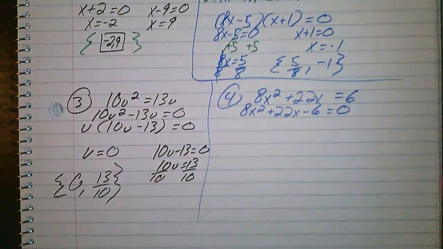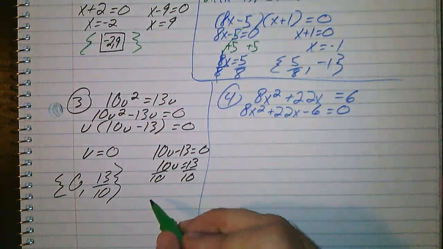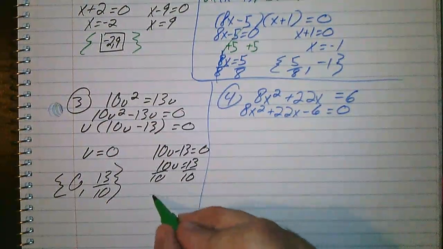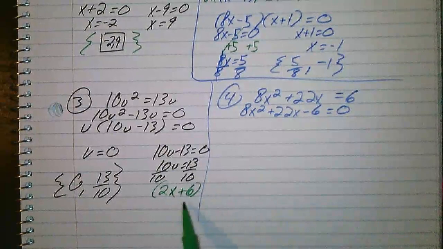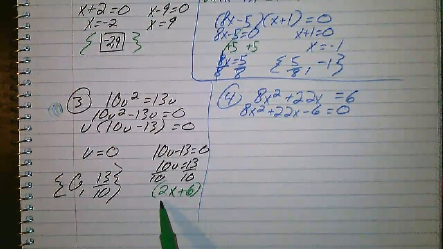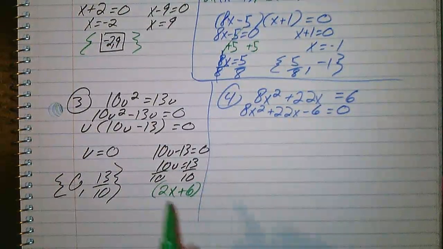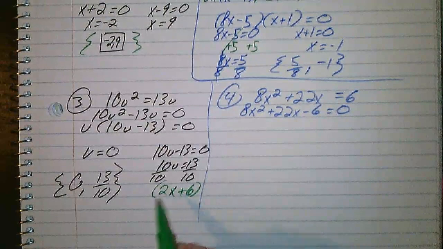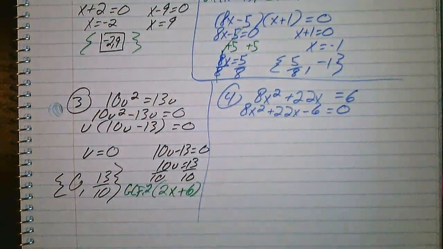But if you end up with something in the parenthesis like, let's see what we might get here. If you end up with something like this as a factor, there is a GCF between 2x and 6. And so if you end up with something like this, you missed the GCF of 2.